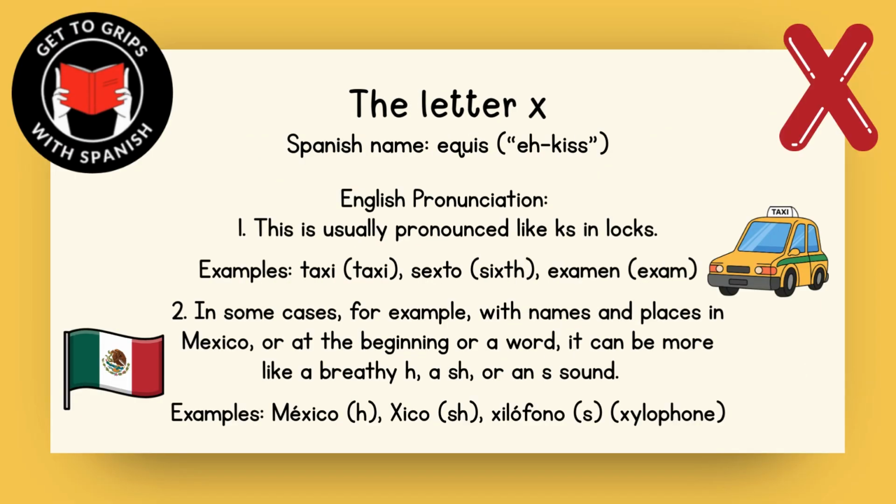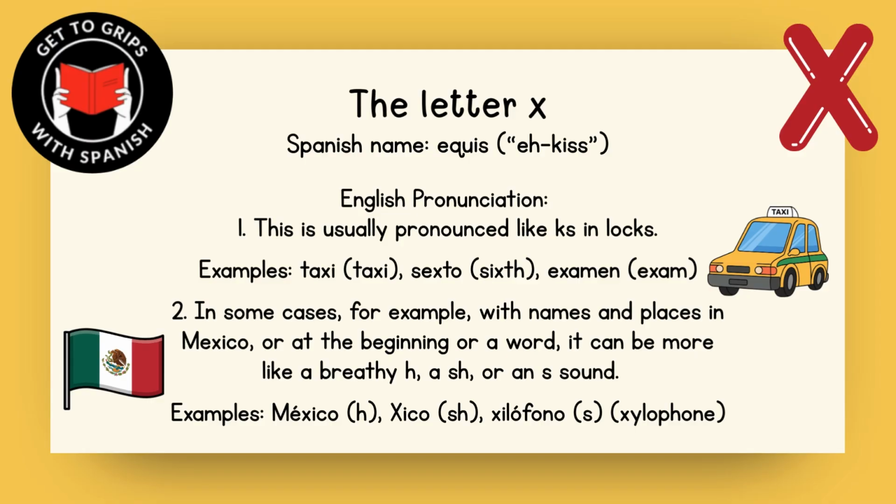The letter X is called equis in Spanish. There are two types of English pronunciation. It's usually pronounced like the KS in the word locks. For example, taxi means taxi, sexto means sixth, and examen means exam.